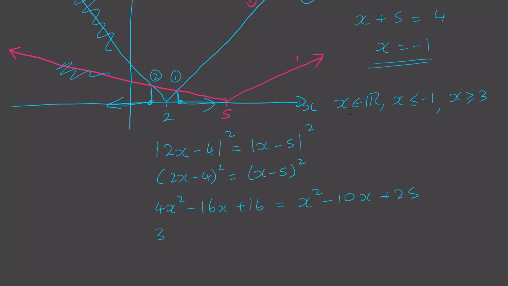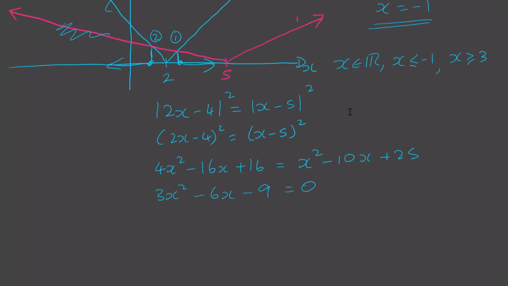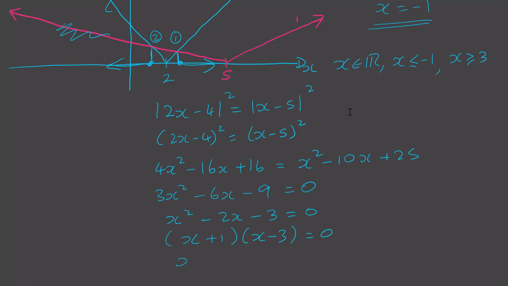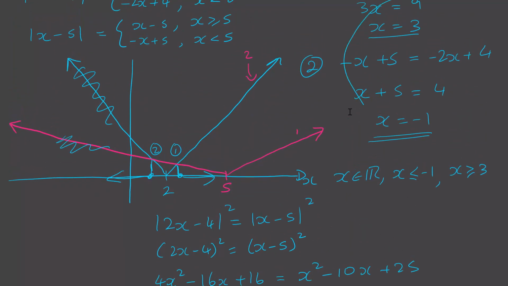So that's 3x squared minus 6x minus 9 is equal to 0. All of those divide by 3, so x squared minus 2x minus 3 is equal to 0, which gives me x plus 1, x minus 3 is equal to 0. So x is equal to negative 1, x is equal to 3. So we can see that's the same solutions that we got up here.